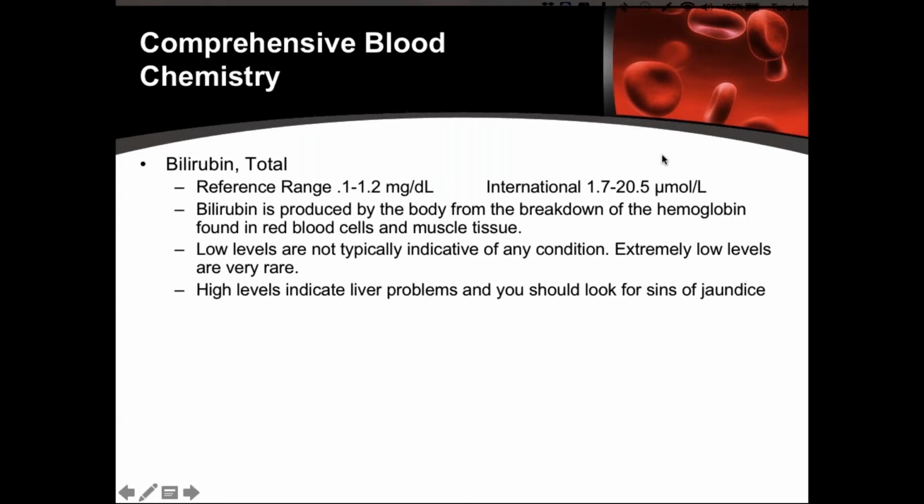And the things that are responsible in the body for conjugating bilirubin, okay, bacteria. We've got various bacteria and enzymes that are freestanding enzymes that are going to be involved in that.